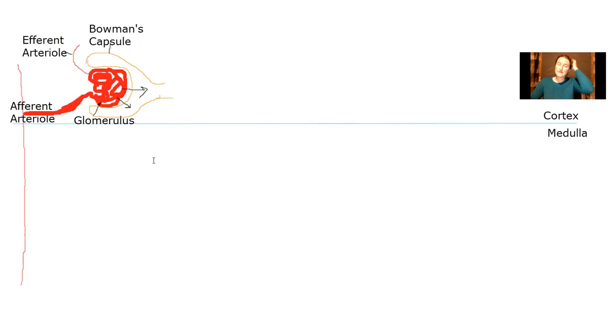Okay, that's the efferent arteriole. We'll come back to that in just a moment. Let's see. As I mentioned, the contents of the filtrate at this point are pretty much exactly the same as the contents of the blood, minus the really big stuff, right? So minus the cells, minus the big clunky proteins.